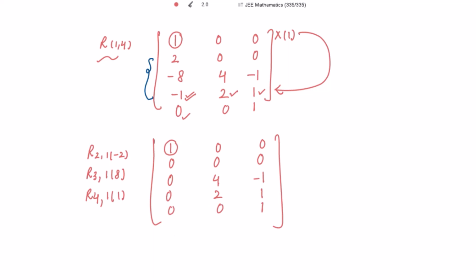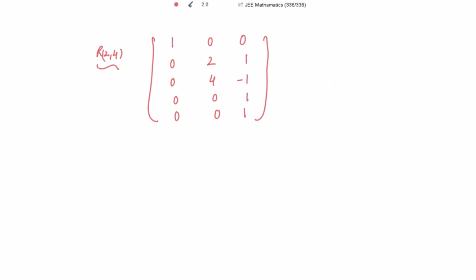Next step is to get the leading entry for the second row. There is no leading entry for the second row because there is no non-zero entry present in row 2, right? So let's interchange row 2 with row 4, right? Now we have 2 as a leading entry for the second row. I need to make this 2 as 1 first.